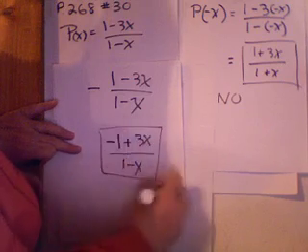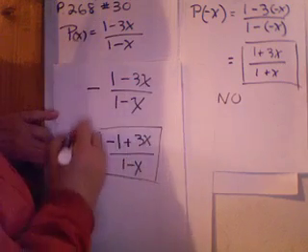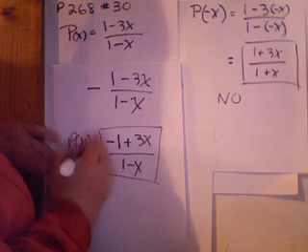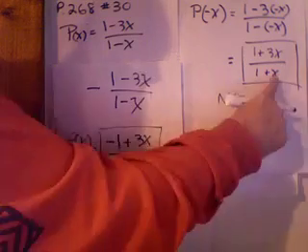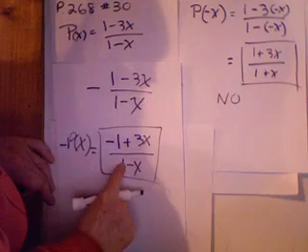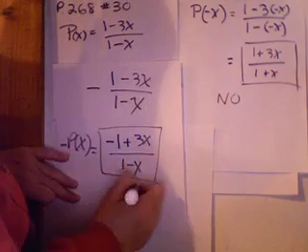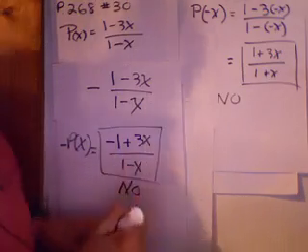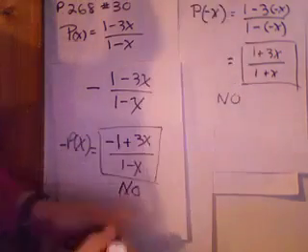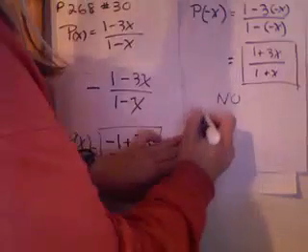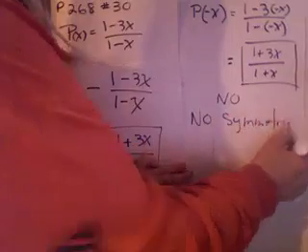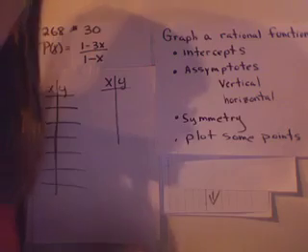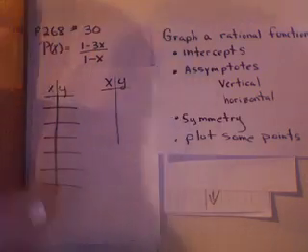And take this, the exact opposite of p of x is minus p of x, and it should be that. Does that come out to the exact opposite? No. So I do not have x or y-axis symmetry, so I can't have origin symmetry. So there is no symmetry at all for this equation.